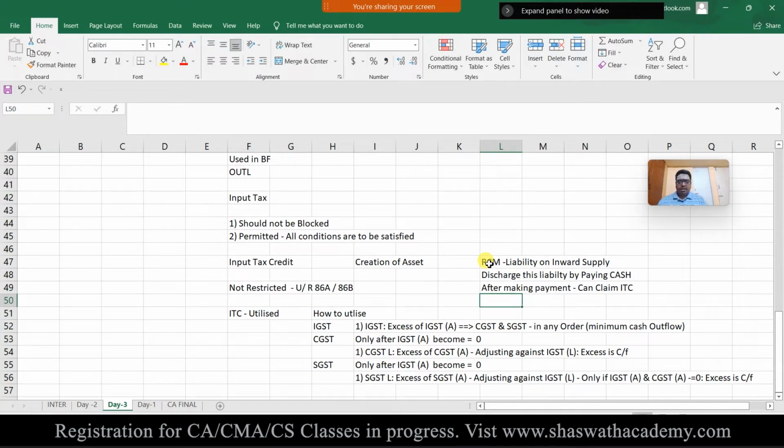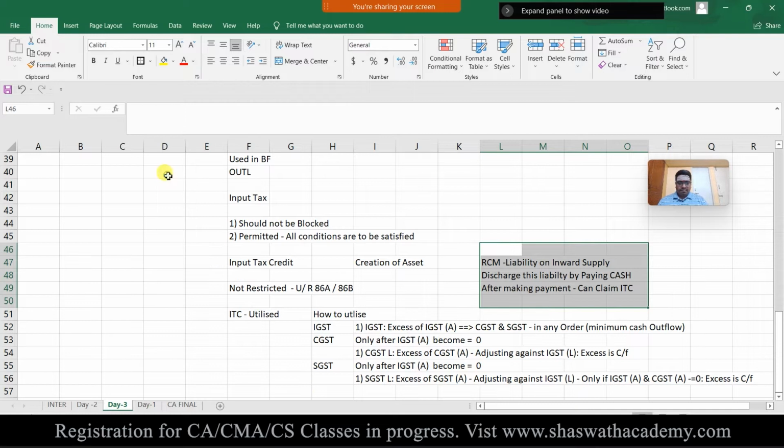This is an important standalone learning you have to remember for the reverse charge mechanism. Only on payment basis can you avail the credit.